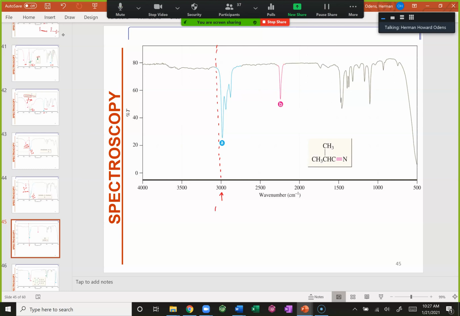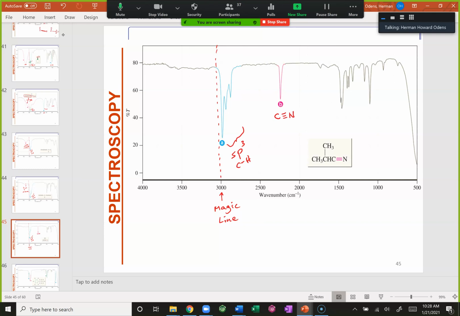So this is the magic line. So here are the CHs, sp3 CH in character, and I have a C triple N stretch, and that is this one.